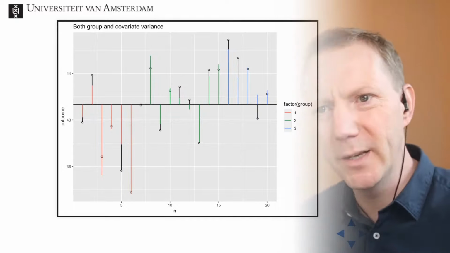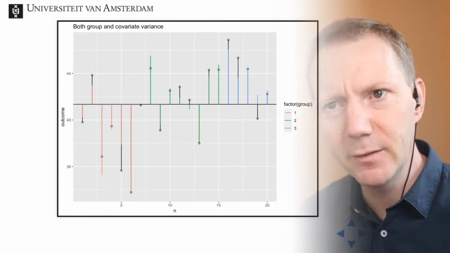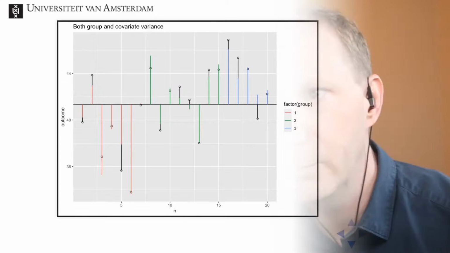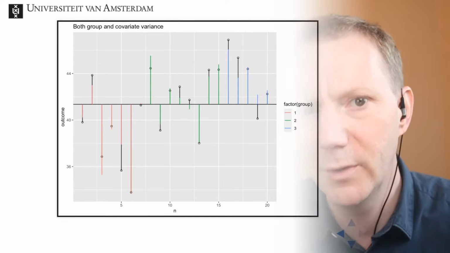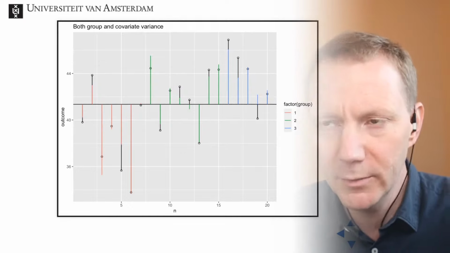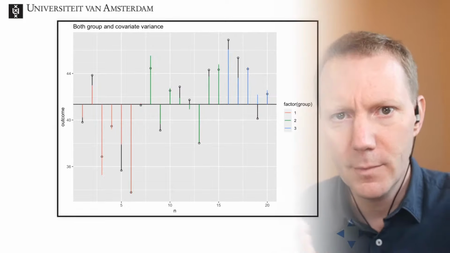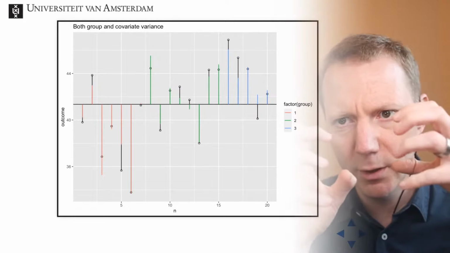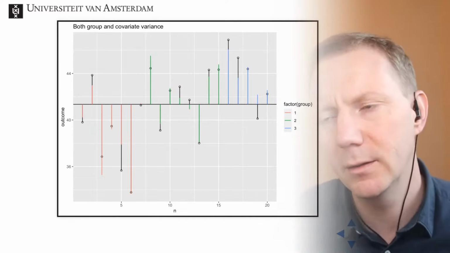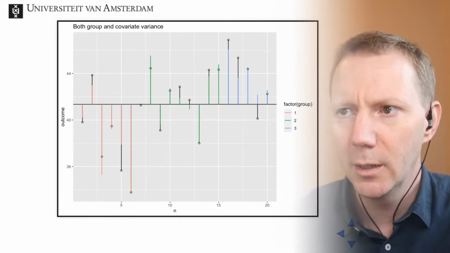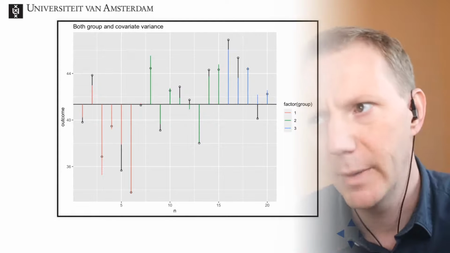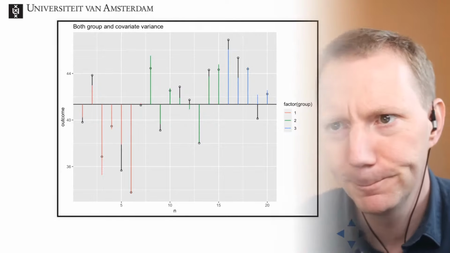You have a lot of explained variance. All the expected values are actually quite close to the actual scores that we found. So combining the covariate and the independent variable makes for a better model. Wouldn't you agree?